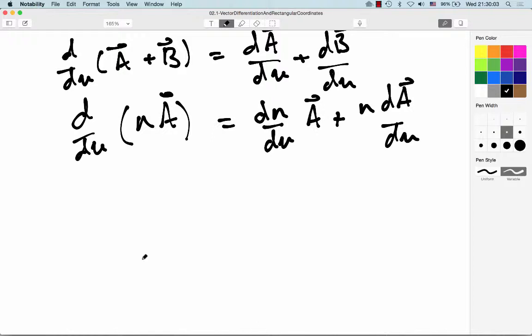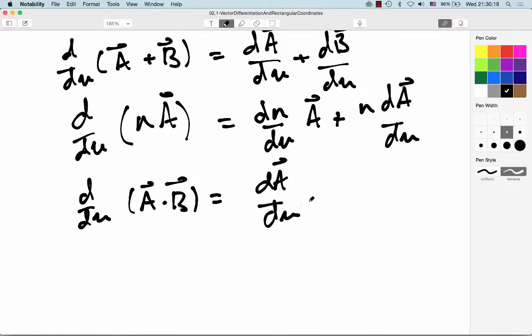And the chain rule works sensibly for the dot product. So d du of A dot B is equal to dA du dotted with B plus A dotted with dB du.